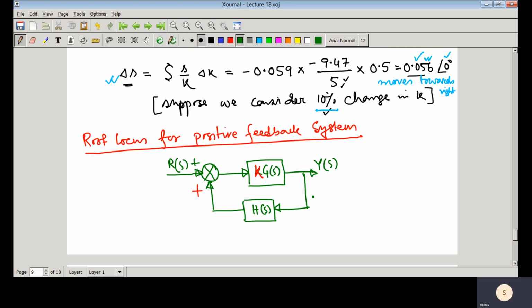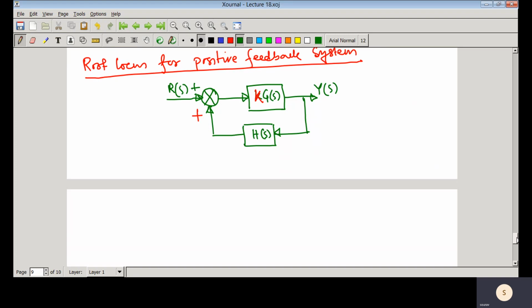In this particular case, how will the rules that we have discussed, that means the 7 rules, change if we consider positive feedback? Let us write the closed loop transfer function.